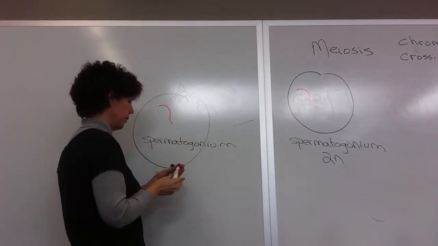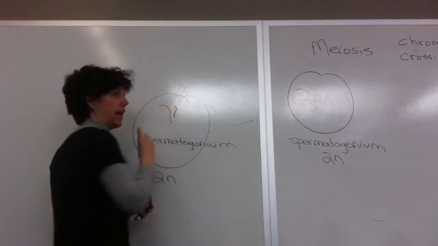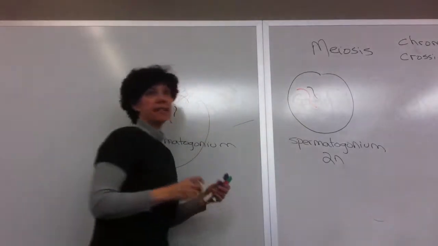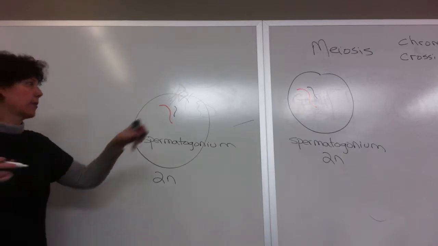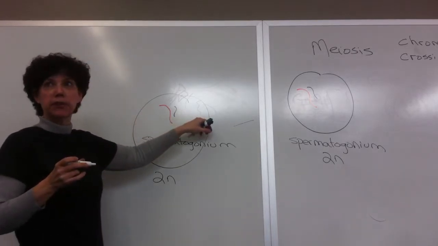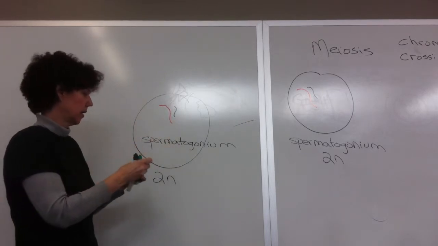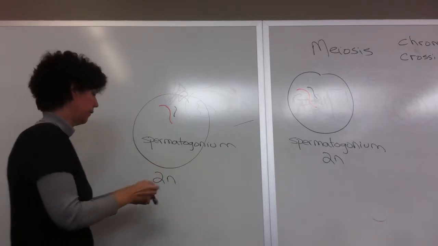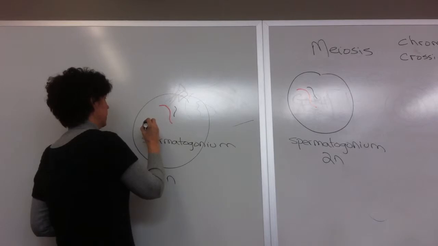This is its paired chromosome from this guy's mother. Okay. So we'll say that's chromosome 2. Chromosome 2 from the father, chromosome 2 from the mother of this male. Then we'll have chromosome 22.